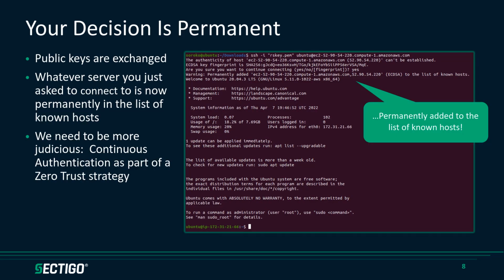So after you've clicked yes, the public keys are exchanged. And now there's a whole bunch of gobbledygook here, what might look like that to the non-Linux professional. But really what has happened here is that now there is a permanent change to your client.